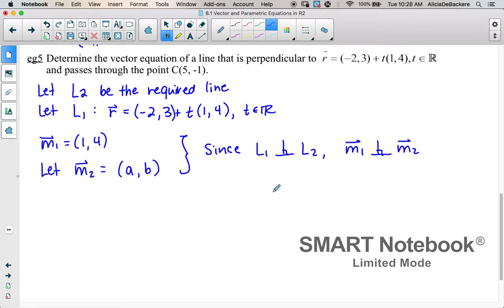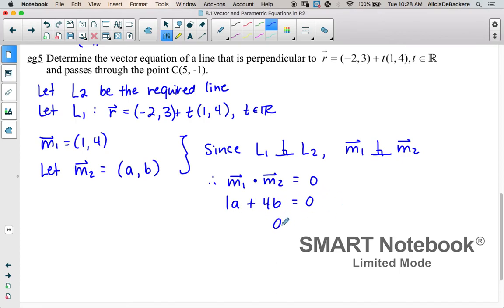And so I can use the dot product property to help me figure out the coordinates for M2. I know that the dot product of 2 perpendicular vectors is equal to 0, and so I'll just calculate the dot product. I'm going to multiply the x coordinates together and add, and then multiply the y coordinates together.